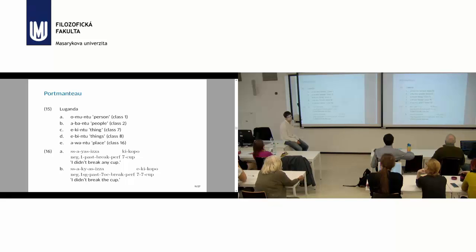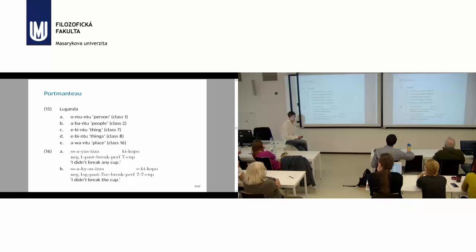So if you wanted to say, this is a big cup, you would say chikopo chinene. Okay, it's a pro-drop language, so you leave away the subject, and you just use the noun chikopo chinene without the initial vowel, and then it serves as a predicate. You say this is a big cup. Whereas if you want to say the cup is big, then you say echikopo chinene. So you would include the initial vowel, and that would mean it's not a predicate, it's a referential thing. Okay?